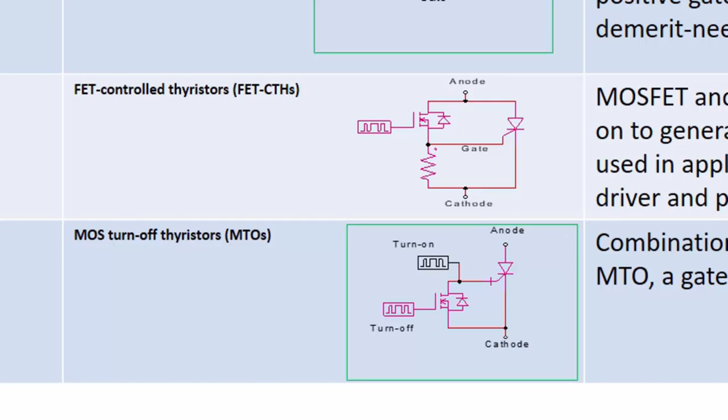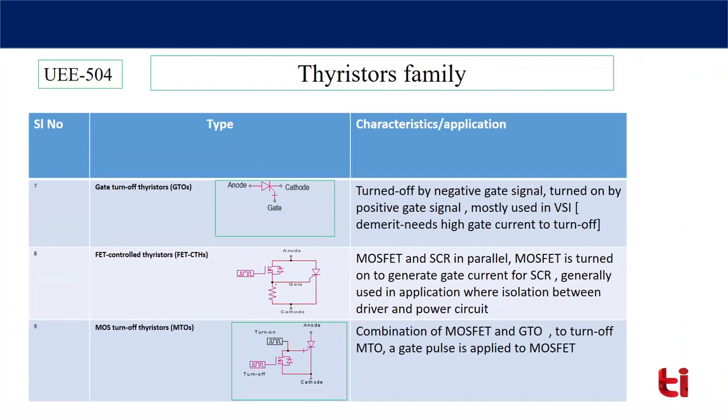One of the advantages of this circuit is that in case of GTOs, we have seen that a large amount of negative gate current is required to turn off the thyristor. But here a small gate to source voltage is required across the MOSFET to turn off the thyristor. So this is the basic difference between GTO and MOS turn off thyristors.